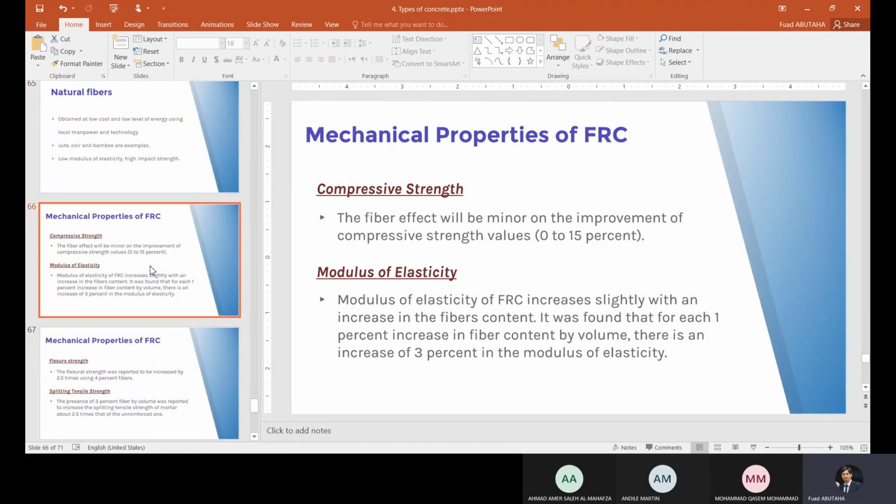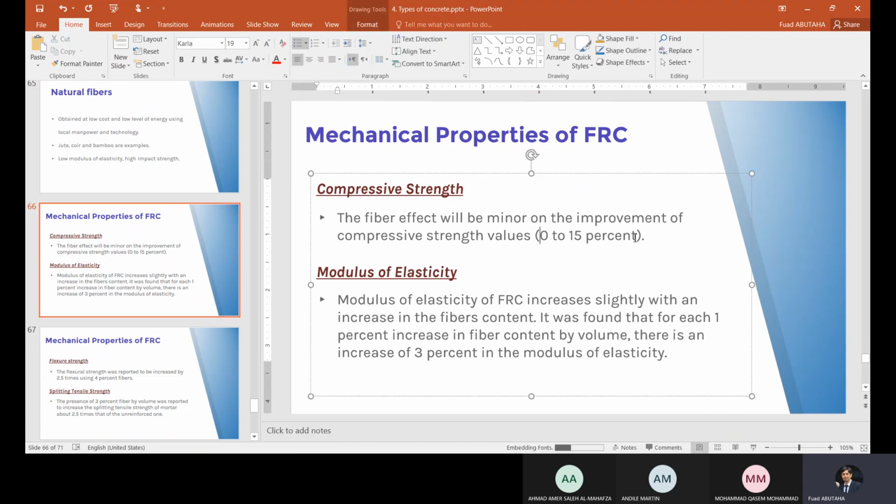Okay, so what is the effect of these types of fiber on the mechanical properties and the strength of concrete? In terms of the strength of concrete, they either do not contribute or contribute only slightly to the strength of concrete. For the modulus of elasticity, there is also a slight improvement.